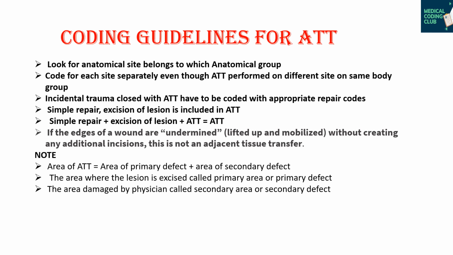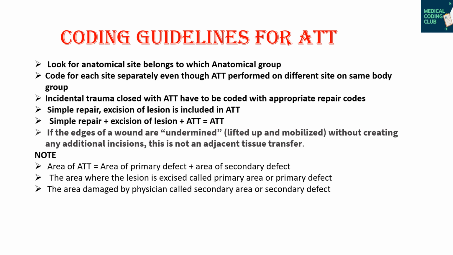If the edges of the wounds are undermined, for example lifted up or mobilized without creating any additional incision, the provider is not making any incision, they are just lifting the edges or doing some small workup, then it's not an adjacent tissue transfer.